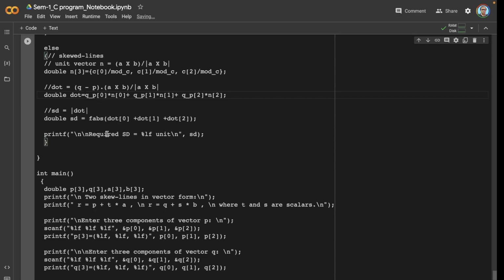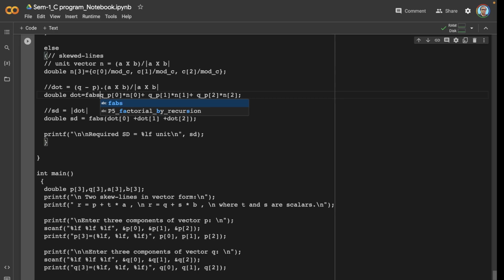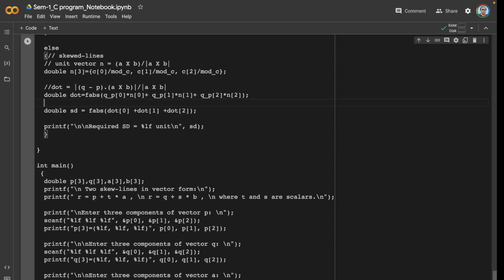So abs of this, abs of this. So dot is this is modulus of. So dot equals to this.